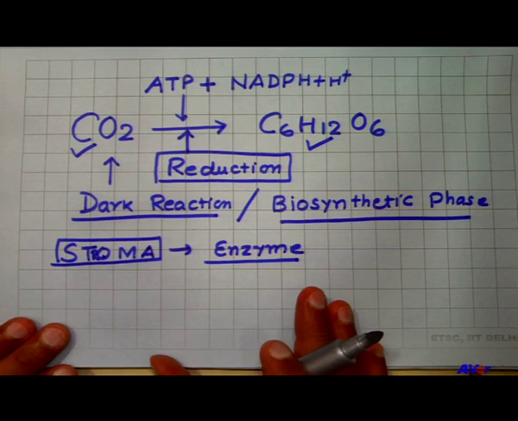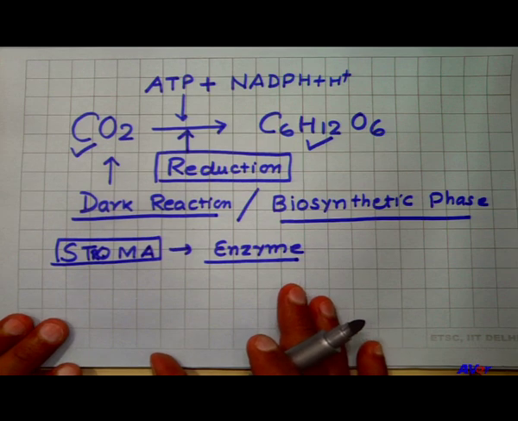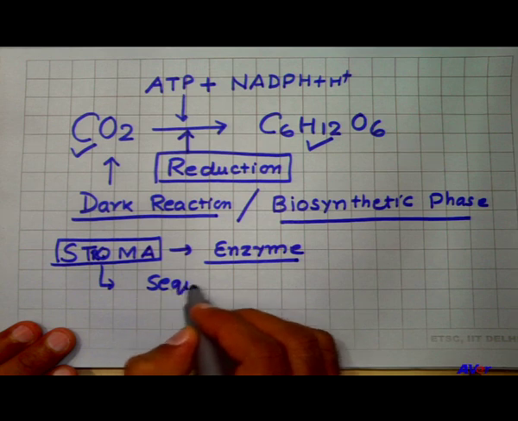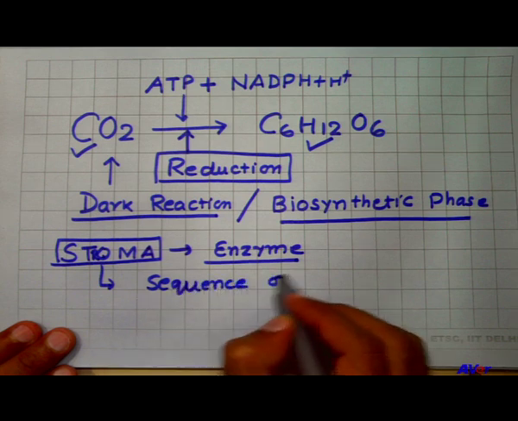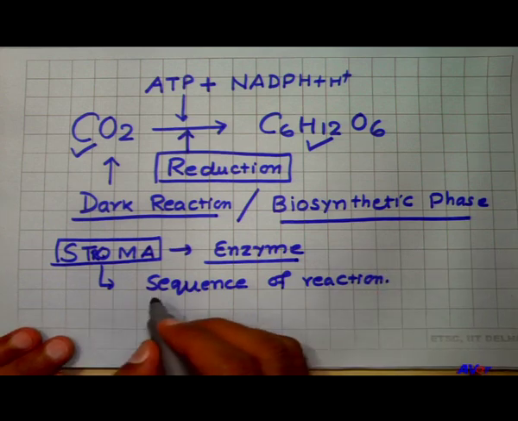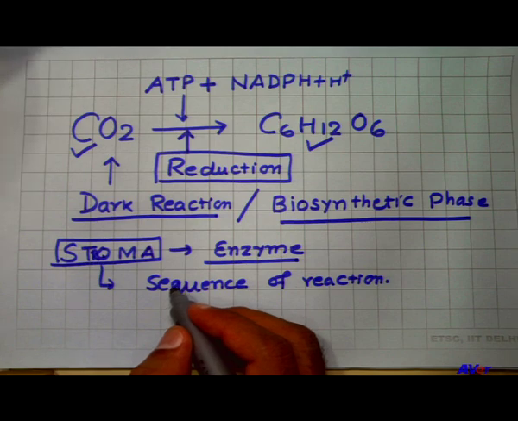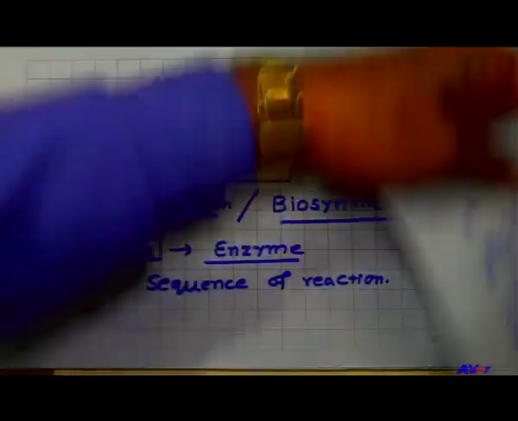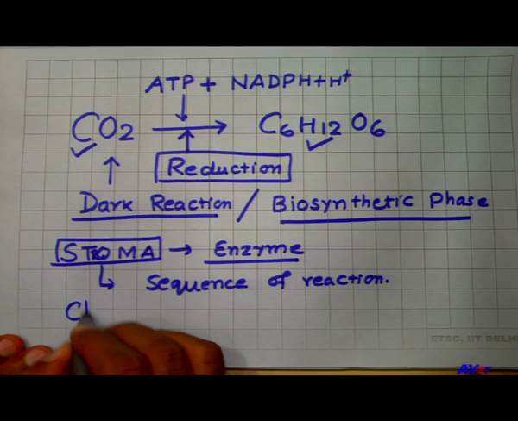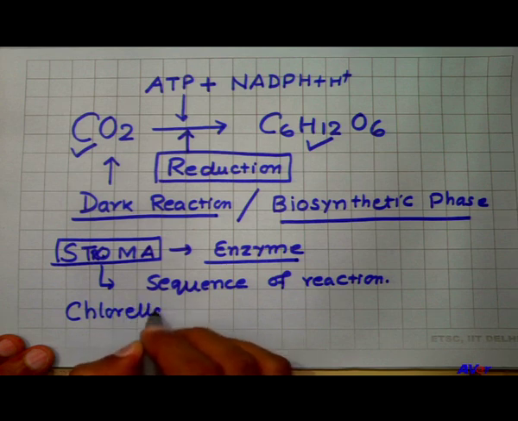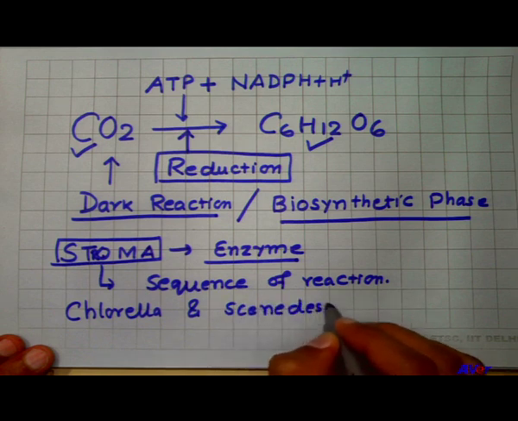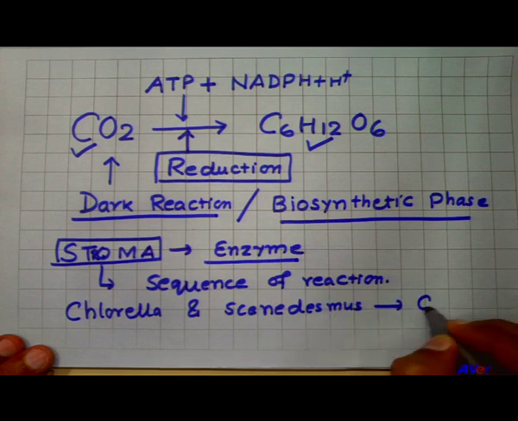This reaction, that is the dark reaction or biosynthetic phase, has a sequence of reactions. The sequence of reactions was demonstrated firstly by Calvin in a particular alga, that is Chlorella, and another alga, Scenedesmus. By Calvin.